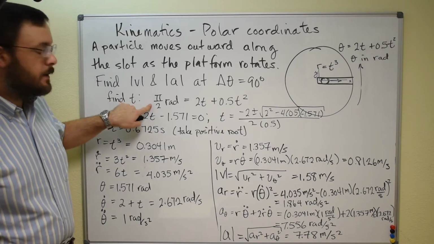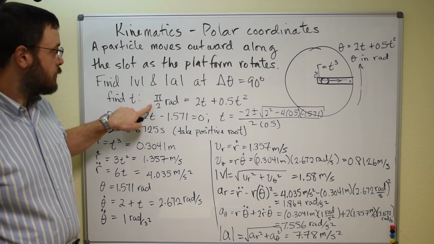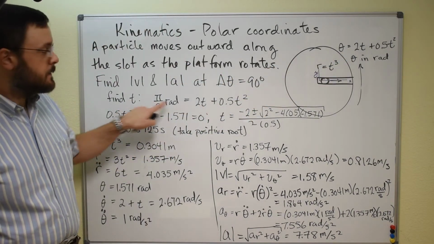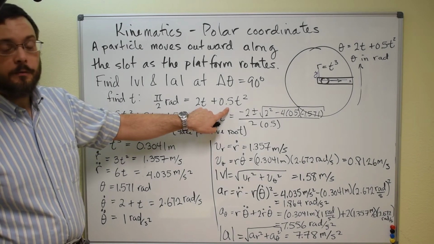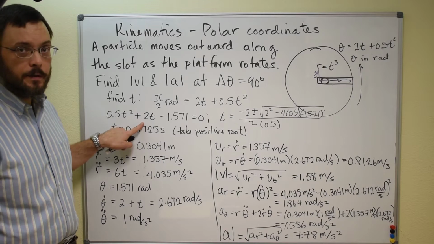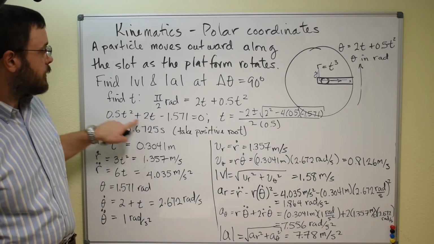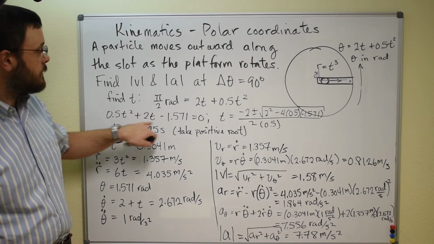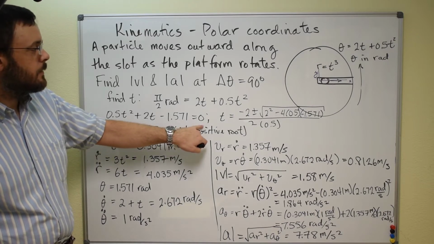So the first thing we have to do is figure out time. So we plug in that 90 degrees is pi over 2 radians. So plug that into this formula. So pi over 2 radians is equal to 2t plus 0.5 times t squared. Rearrange that so that now it looks like a quadratic formula equation. So 0.5 t squared plus 2t minus 1.571 equals 0.